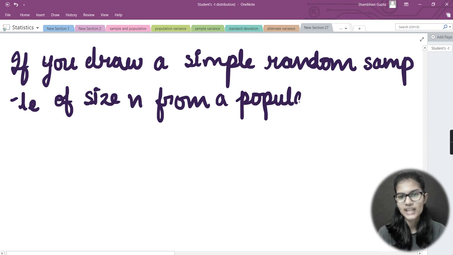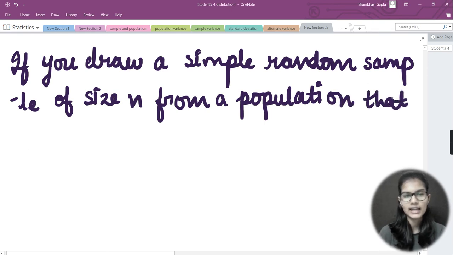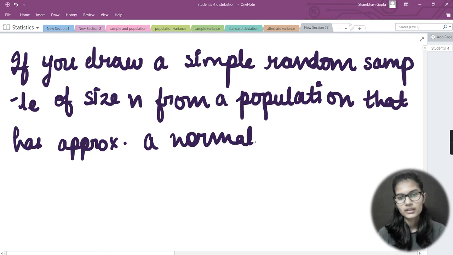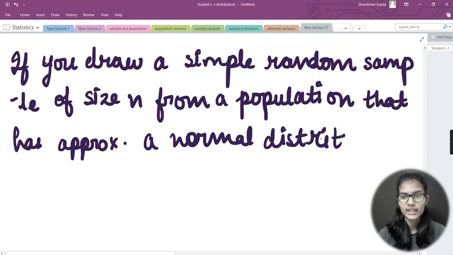Let's say if you draw a simple random sample of size n from a population that has approximately, I'm simply writing approx here, just treat it as approximately, a normal distribution with mean mu. We all know that we denote the mean with mu, right?